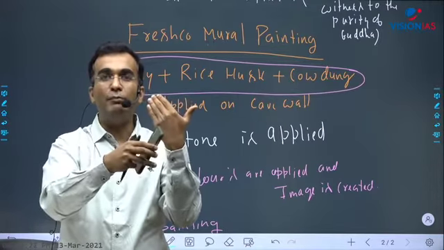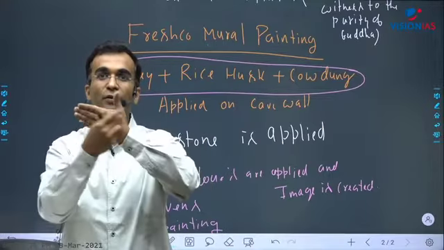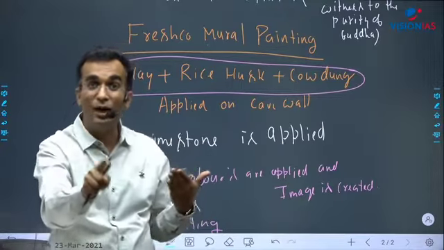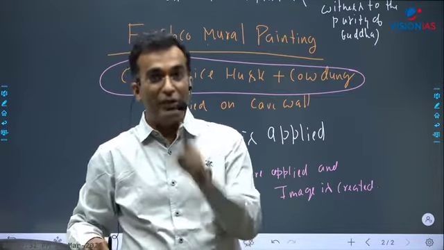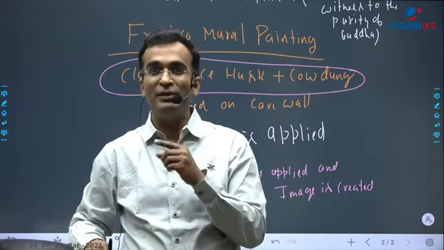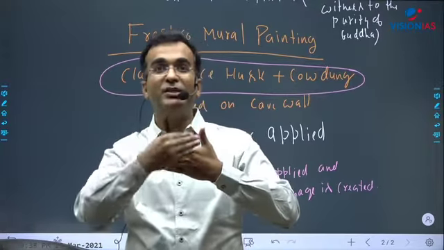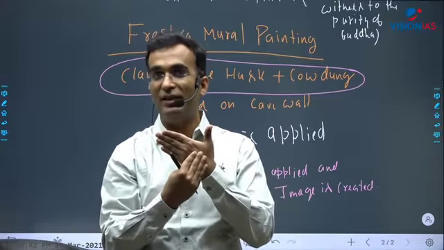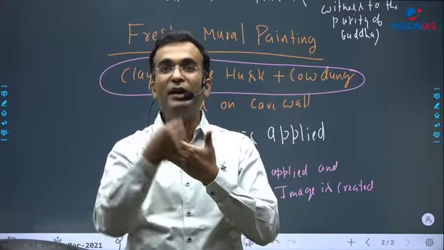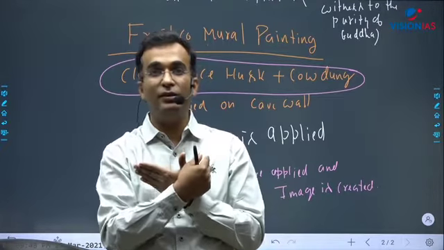So after some point of time, even if you remove this mixture from here, the painting would already be here, and that's how these paintings survived 1,000 years, because of this method. Because you have created it on the mixture, and then the mixture in turn imprints it on the wall of the cave. ठीक है? And then over the period, it slowly, deeply enters inside the wall of the cave.